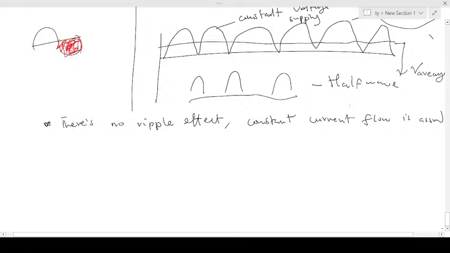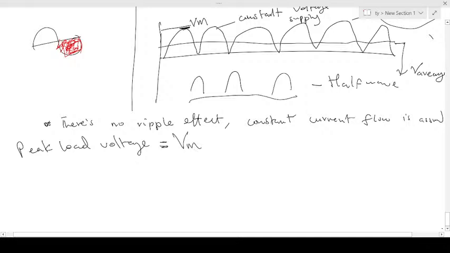And then the amplitude of the waveform is your Vm. So your peak load voltage is Vm.